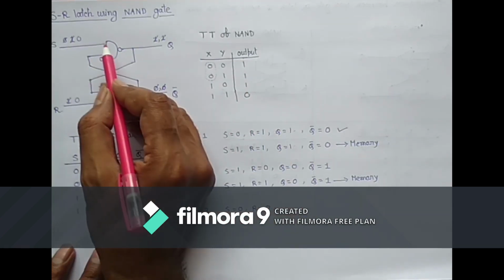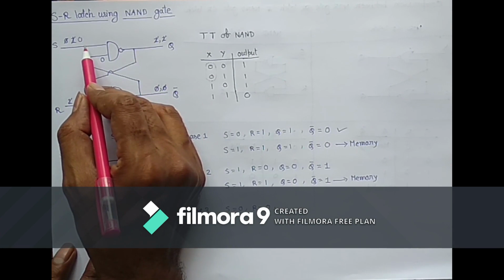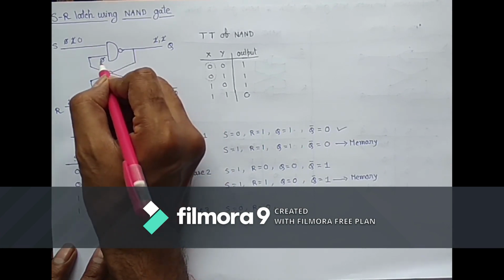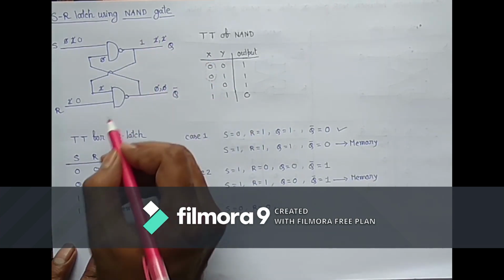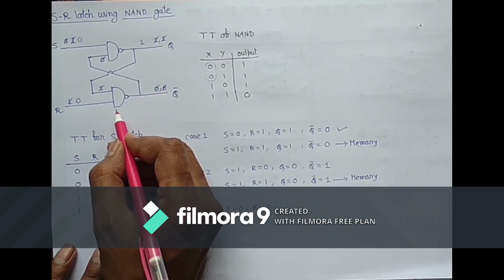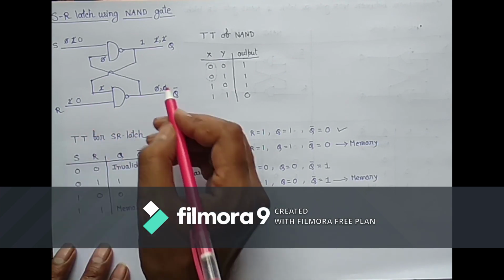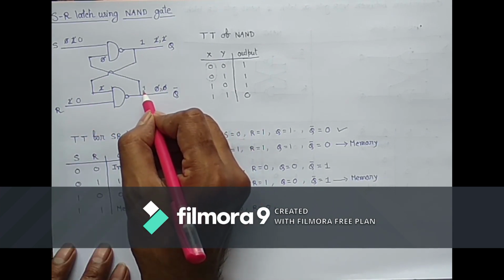That means for this NAND gate, one input is 0, so the output will be 1, and also for this NAND gate, one input is 0 and the output is always 1.